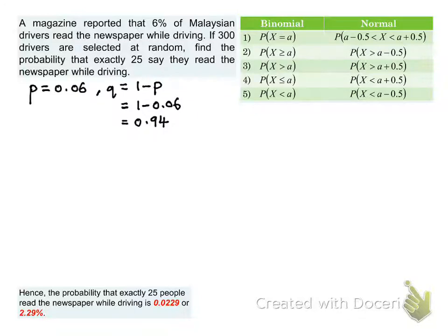Based on the information given, we also have 300 drivers, so our n is 300.